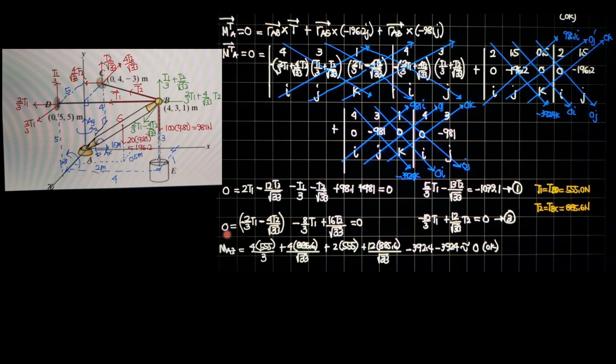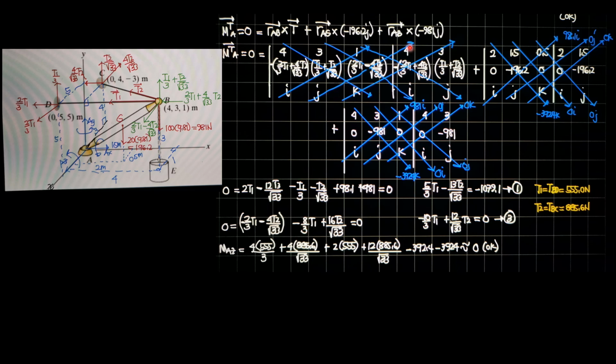Then for j, 1 times negative 2/3 T1, so negative 2/3 T1, 1 times negative of 4 T2 over square root of 33, negative 4 T2 over square root of 33. Then minus that direction, so minus 4 times 2/3, so negative 8/3 of T1.